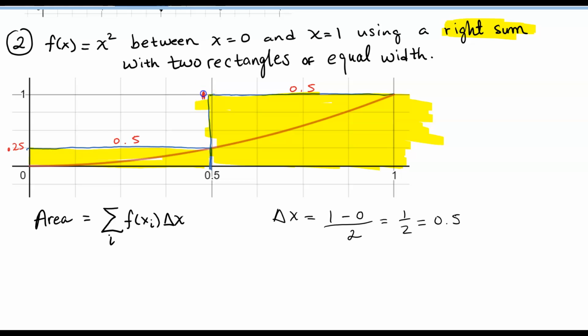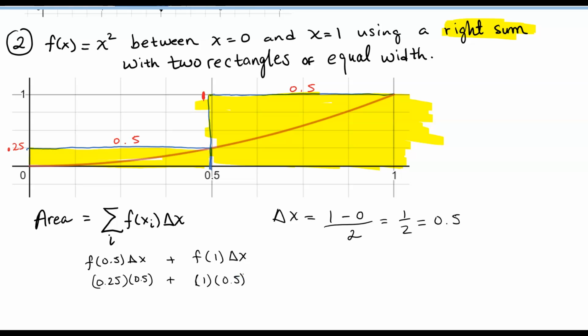So we're going to have f of 0.5 times delta x plus f of 1 times delta x. f of 0.5 is 0.25, and delta x is 0.5, plus f of 1, which is 1, and delta x again being 0.5.